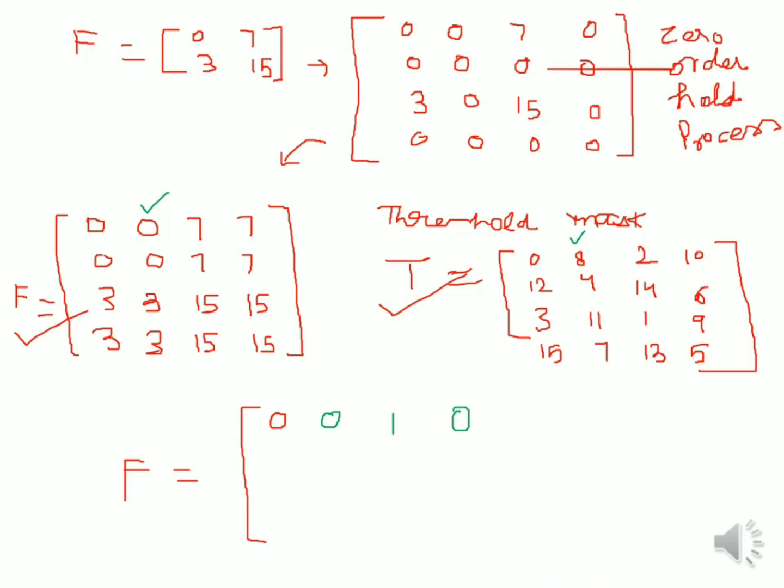Accordingly, you can compare the elements from the given image to the threshold matrix, and you can write down the components in the final image. 0, 0, 0, 1, 1, 0, 1, 1. In the fourth row, 0, 0, 1, 1.